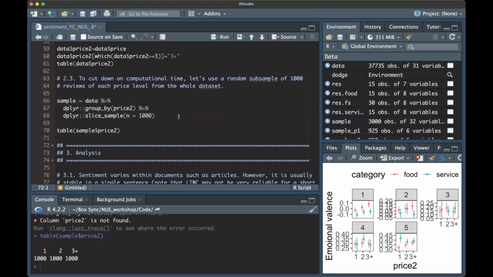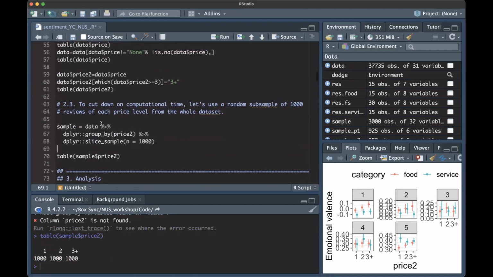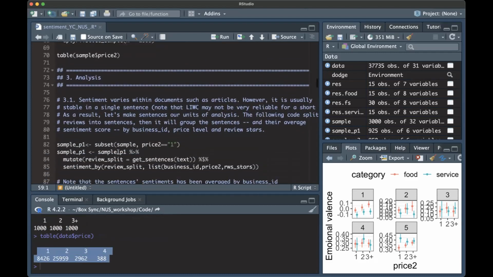As you can see, after the random sampling, for each price we have 1,000 data points. Oh, by the way, here I combined price levels $3 and $4 merchants, because the $4 merchants are only a tiny proportion of the whole data.